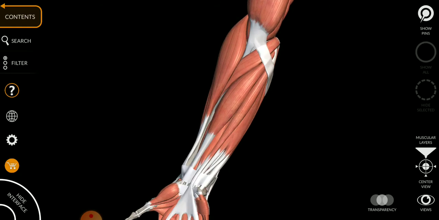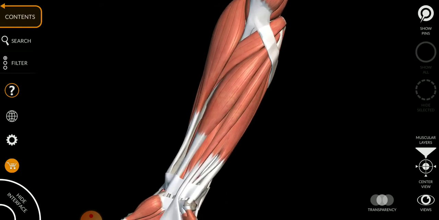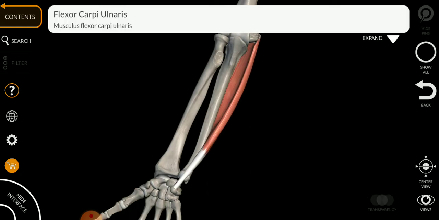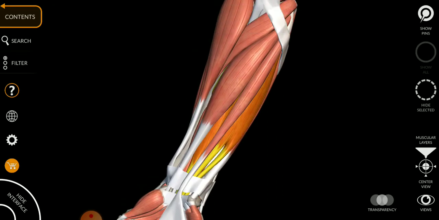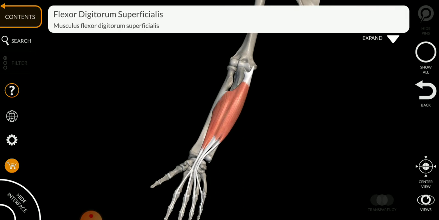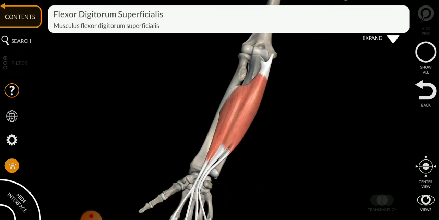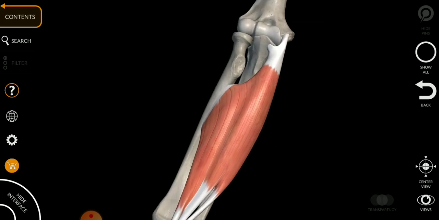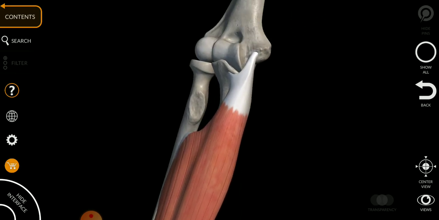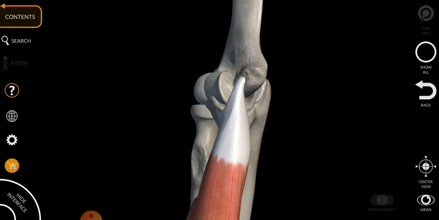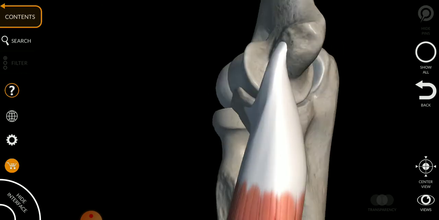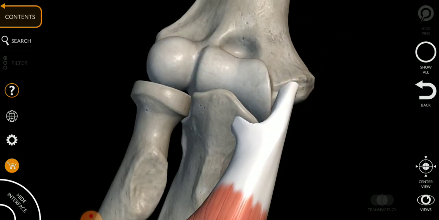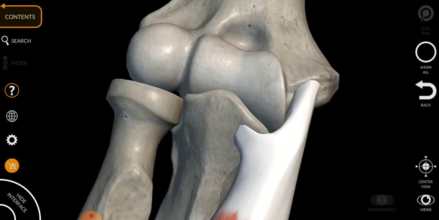Another muscle present just near the palmaris longus is the flexor digitorum superficialis. The flexor digitorum superficialis muscle has multiple origins. It has an origin from the medial epicondyle, and the second origin starts from the medial side of the coronoid process of the ulna.